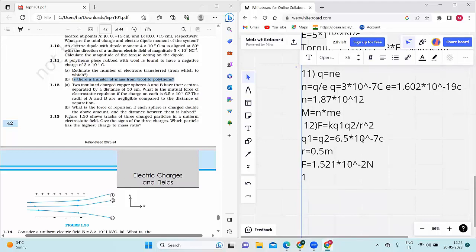We also have the B question. What is the force of repulsion if each sphere is charged double the above amount and the distance between them is half?